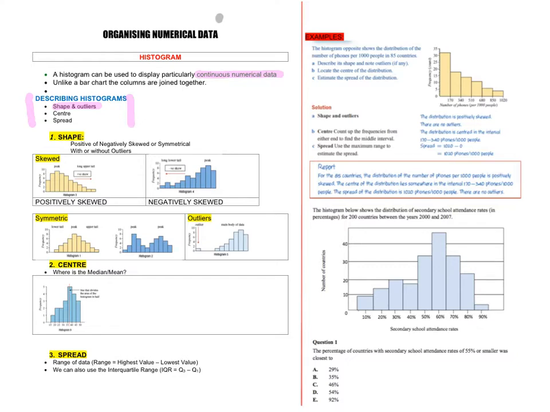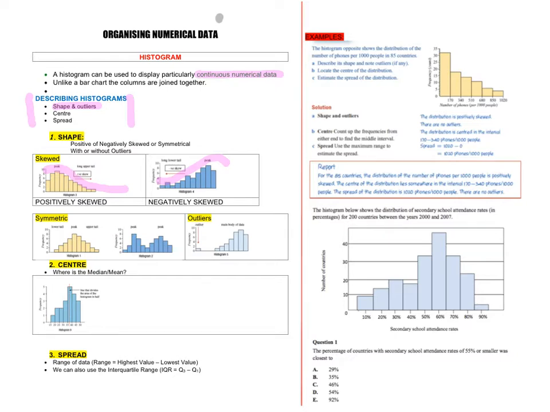First of all, we comment on the shape. Can you see how on this first one, you've got tall towers at the start and then it goes down into a small tail? That's called positive skewed, when a lot of the data is at the start categories. The opposite way is negative skewed.